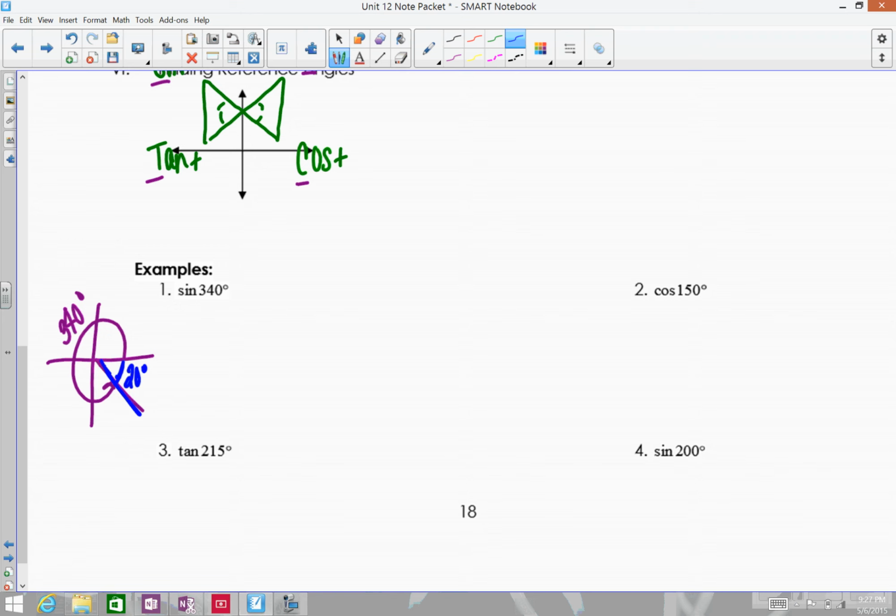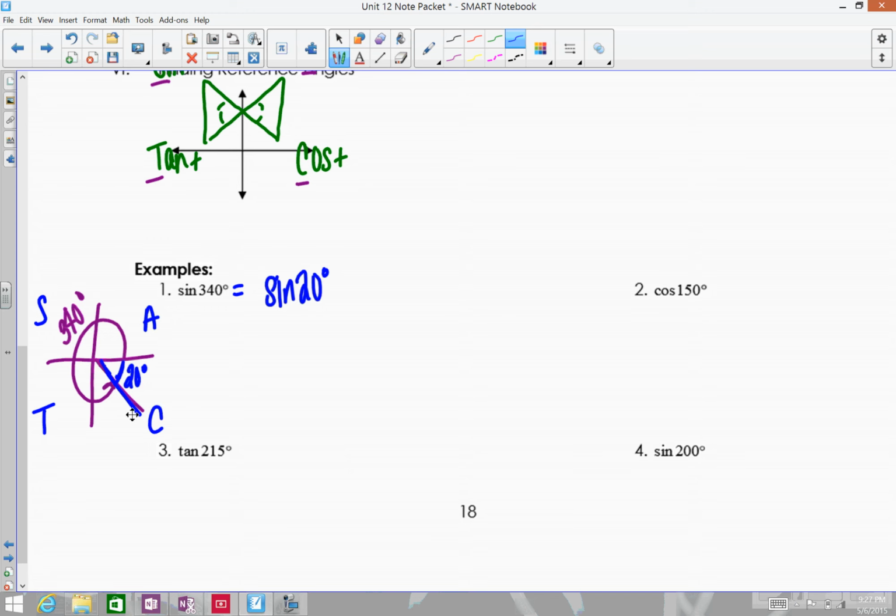And then what that means is this expression, sine of 340, is going to be equal to sine of 20, either the positive or the negative of that, because remember, these are coterminal angles. The 20 degrees and the 340 end at the same spot, so they're basically equivalent. What I do have to keep in mind, though, is the sign. This is where we have all students take calculus.